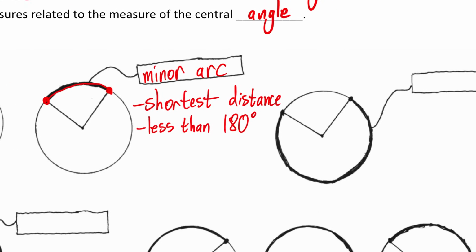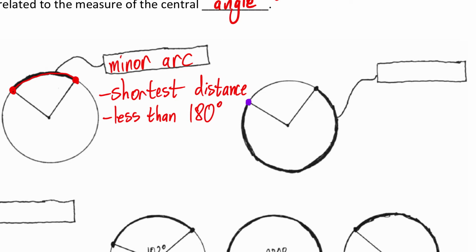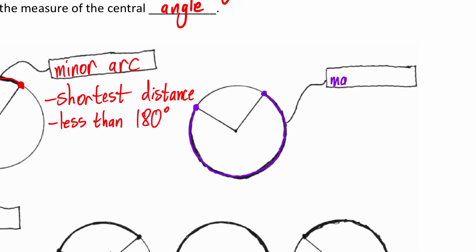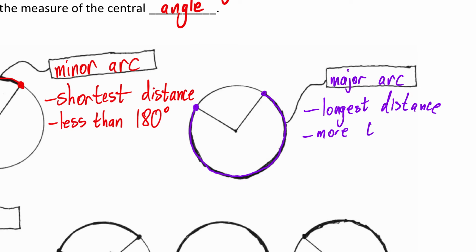Now you can see here we've got this point, and I've got this bolded or highlighted. This is going the longest distance between those 2. So if that one's a minor arc, what do you think this one is? Major. It's a major arc, yep. The major arc is always going the longest distance between 2 points, so it's going to be more than 180 degrees.